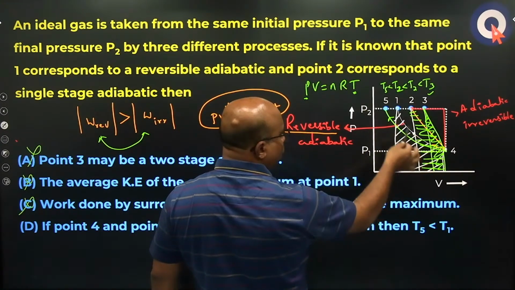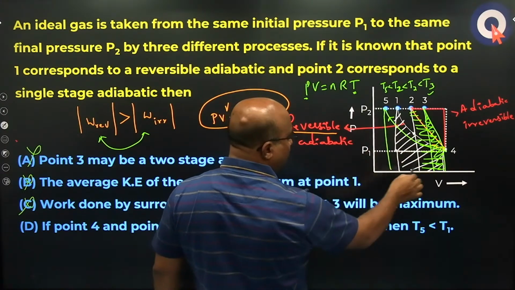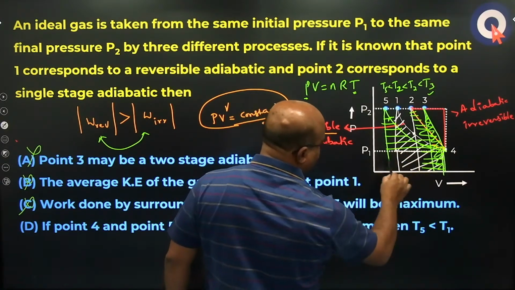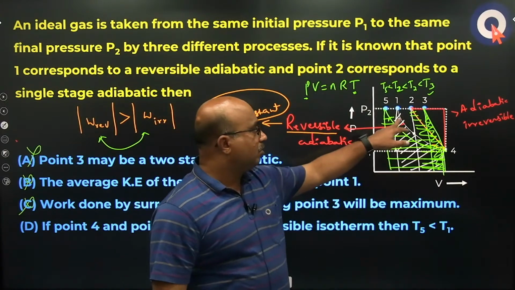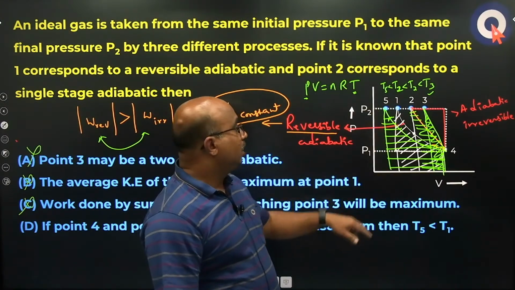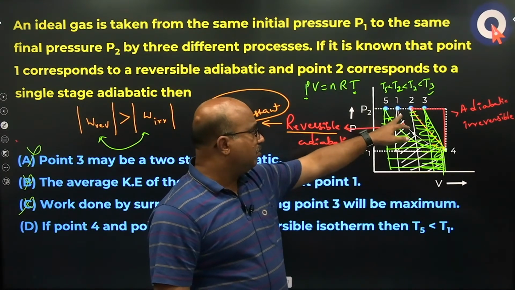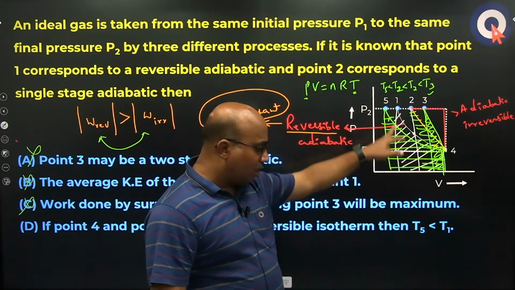Adiabatic reversible work is more than isothermal reversible. So under this area covering under this, isothermal reversible and adiabatic reversible. Clear? So this work is more than this.